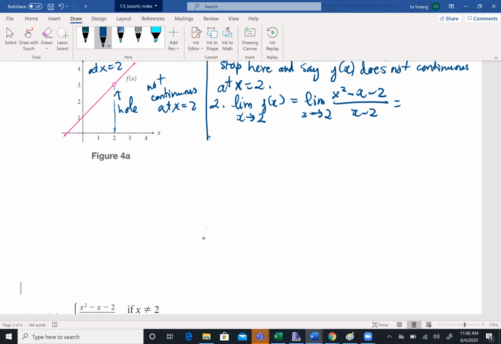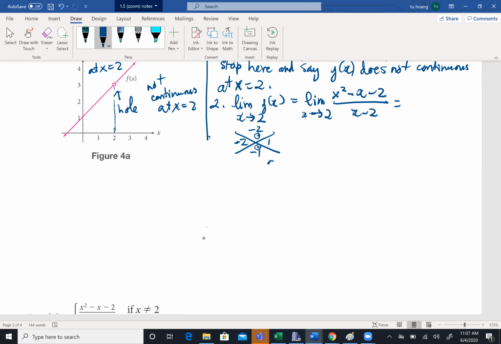You need two numbers whose multiplication is -2 and addition is -1, which should be -2 and 1.